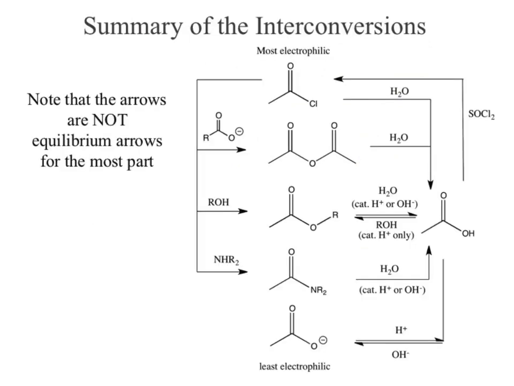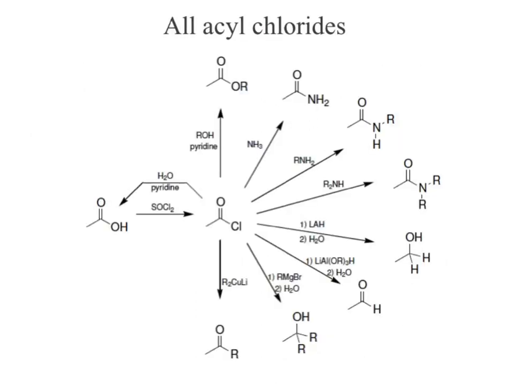So there's our interconversions again. I keep having the slide show up randomly within it, so it's because it's important. You should remember it. It's not particularly relevant for what we just talked about, but it's there. So, what did we just address? We talked about our lithium aluminum hydrides. We talked about our Grignards, our cuprates.